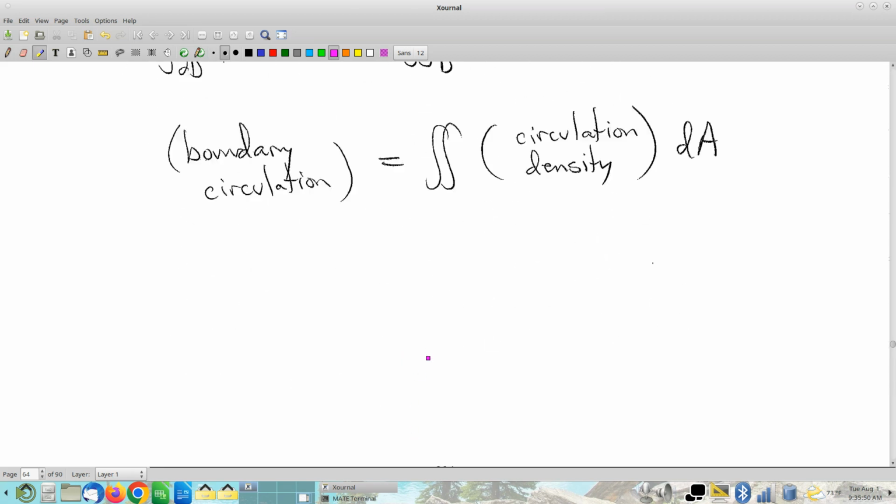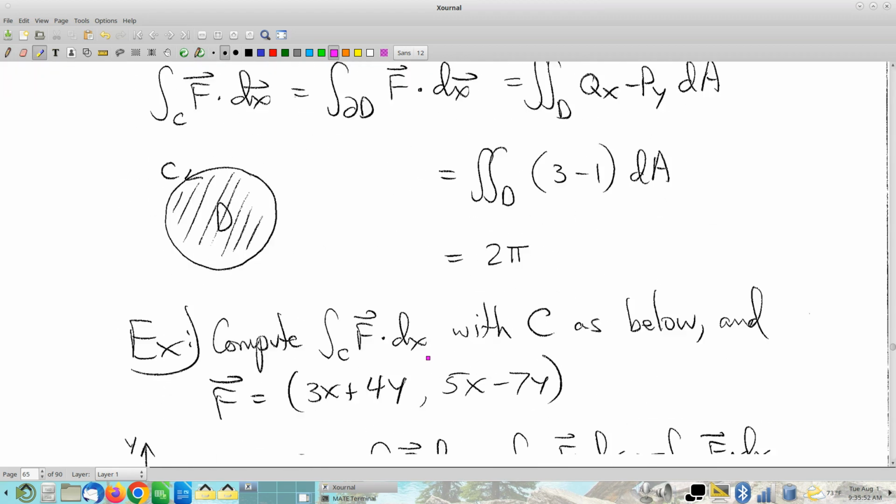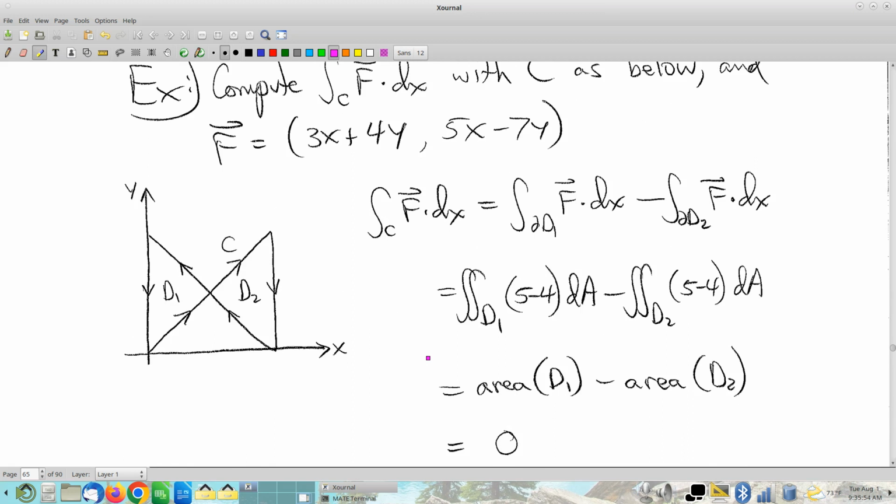All right, we did a couple of examples. I won't repeat those, but examples of how in various different places, and of course you do have to keep in mind orientations, you'll find that line integrals turning into double integrals can be really useful.